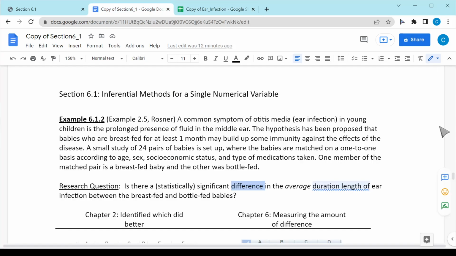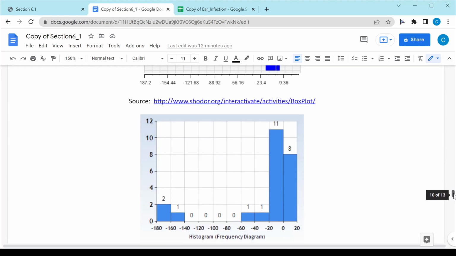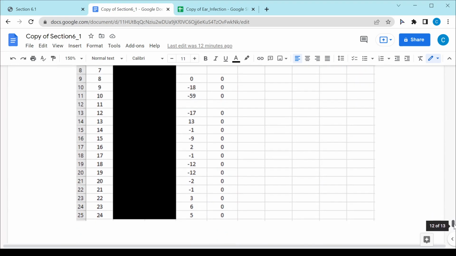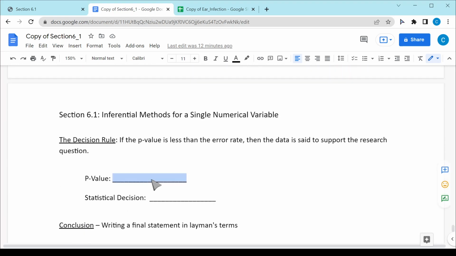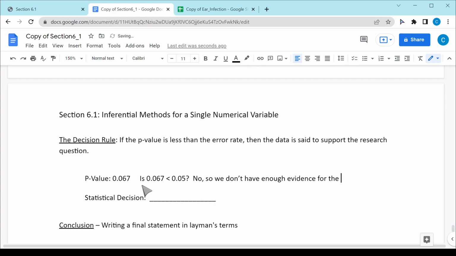So let's go ahead and put the p-value in here. Hopefully I got a spot for that for you. I do. 0.067. Again, what we need to do is compare this against 0.05. So is 0.067 less than 0.05? No. So we don't have enough evidence for the research question.